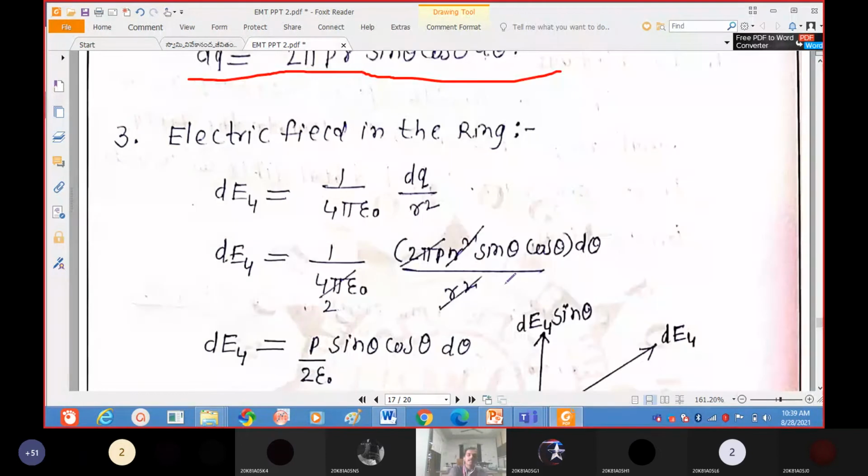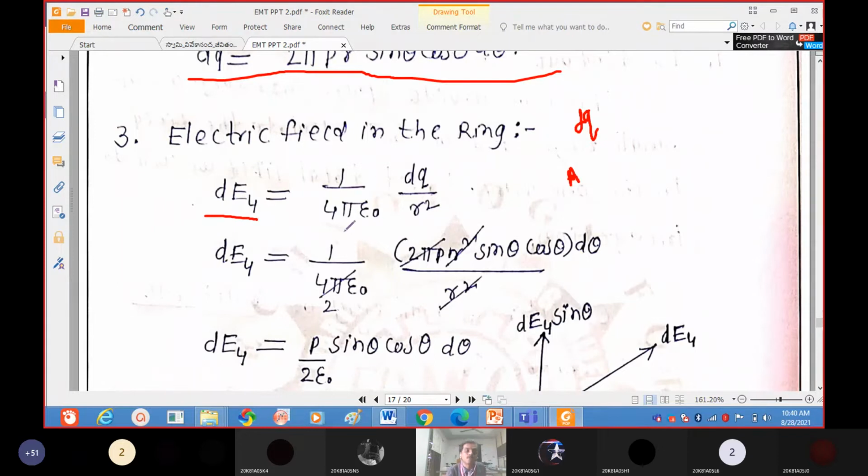Now we have to calculate the electric field due to the small charge dq. There will be some electric field produced at point A. That electric field is dE.